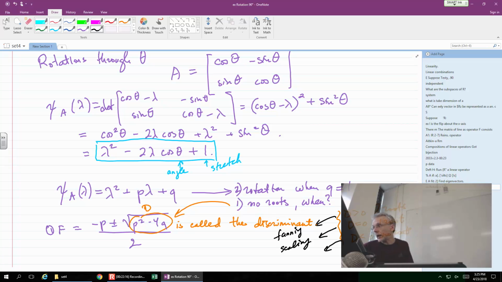And negative is rotation. So rotation might still come with stretching. It's easy. If there is a pure rotation, how do I add scaling or stretching to it? I just multiply it. So for example, like this.